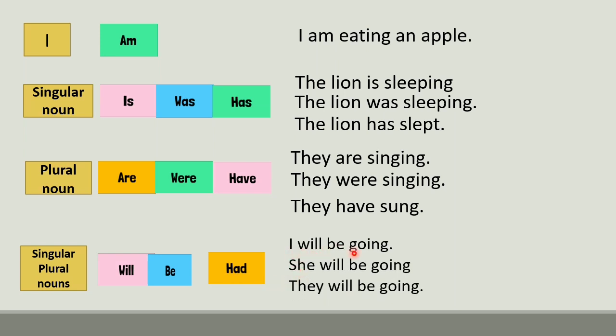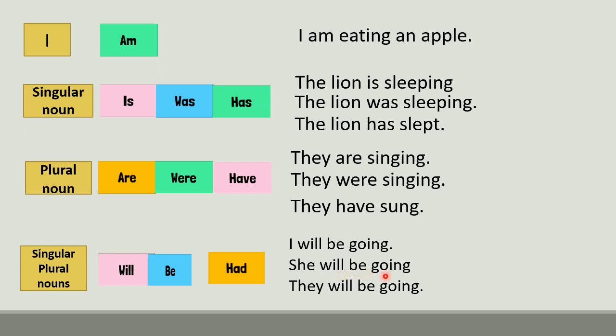I will be going. Will be, the word going is a verb. So you use will be before the verb going. Okay, when you want to use will be. She will be going. Here it is also one. I is one person. She is also one person.